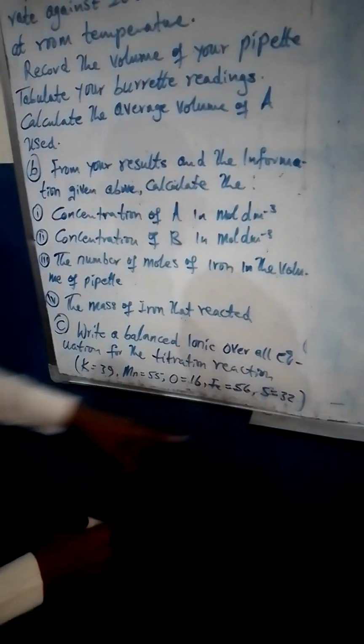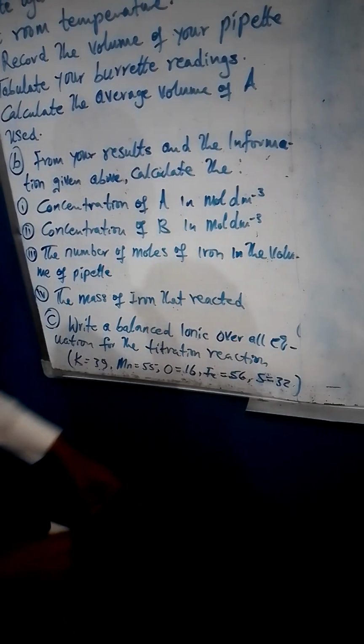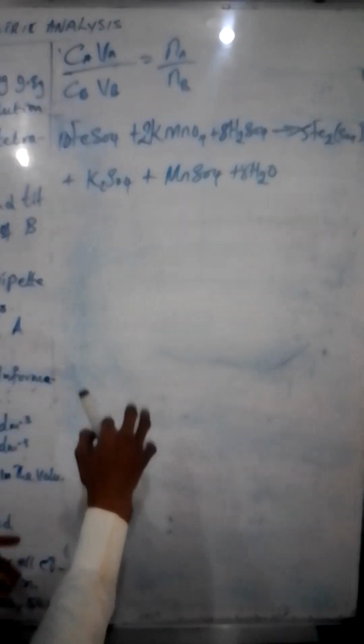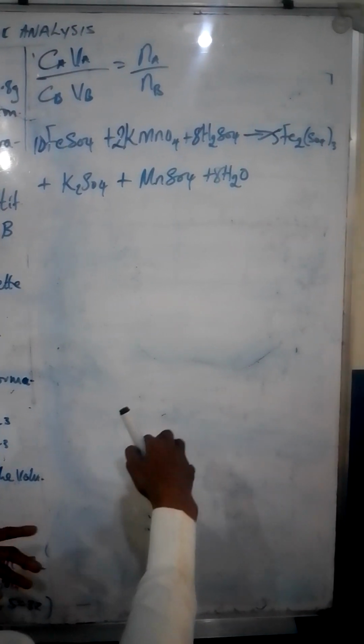Write a balanced ionic equation for the titration reaction. This is the equation for the titration reaction. For the ionic equation, we are going to pick the ones that actually go into a redox reaction.